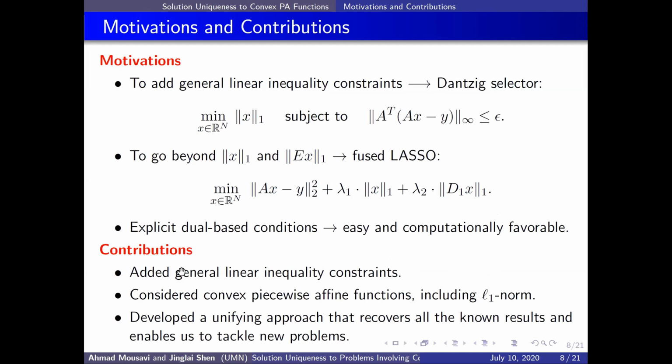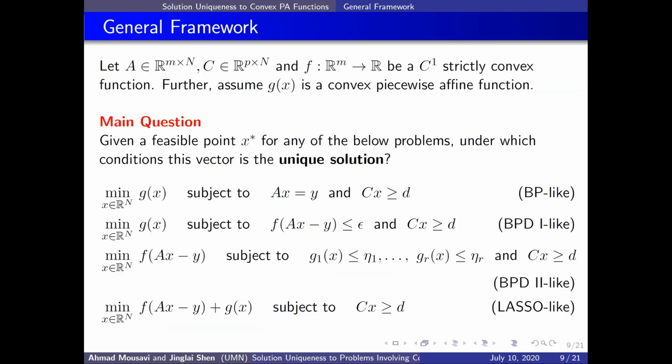That's why we added general constraints, and we consider convex piecewise affine functions that include such objective functions. And also we used a unifying approach that I will explain shortly.